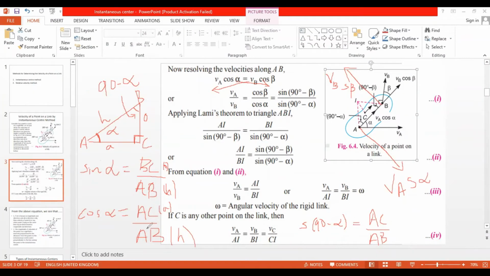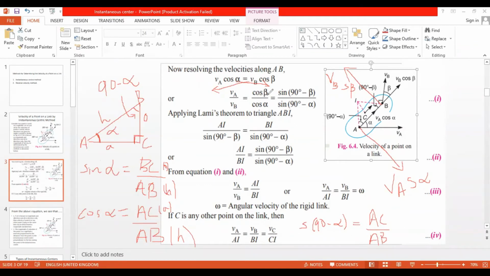So these are equal, right? So cos alpha and sin (90 minus alpha) are equal. This is a general rule. So I can write cos alpha as sin (90 minus alpha) anytime, anywhere.